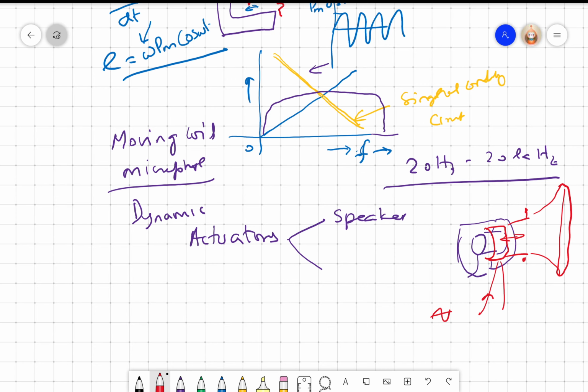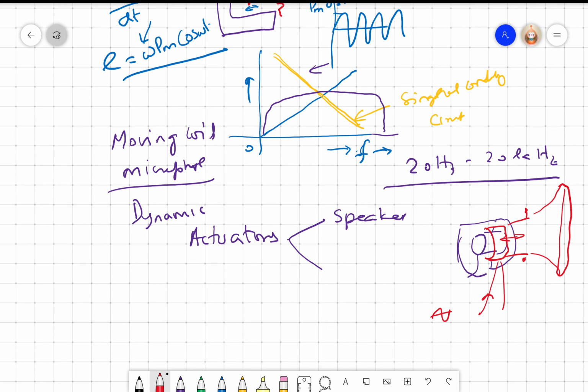In your headphones, in your computer, wherever you see speakers, you will always use the dynamic transduction principle. Of course, the reverse is not a transducer in the sense that we use the term, but it is an actuator. It converts electrical signal into sound signal.